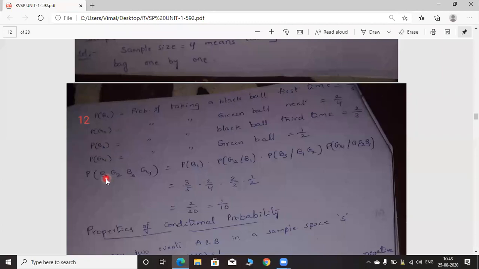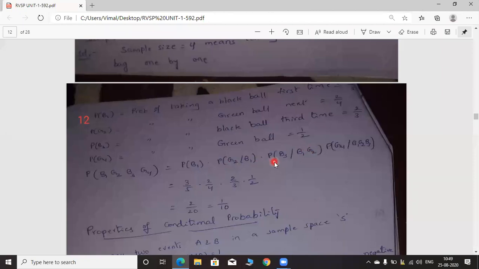But for the next probabilities, we are depending on the first probability. That's why it is written like this: P of B1 into P of G2 given B1. G2 given B1 means the probability of picking the green ball for the second time, provided that the black ball is already picked for the first time.